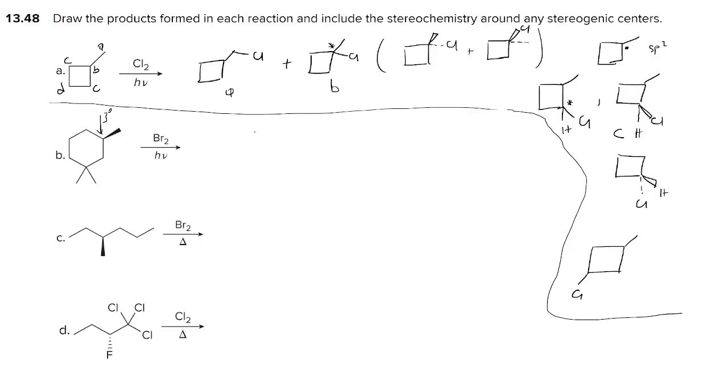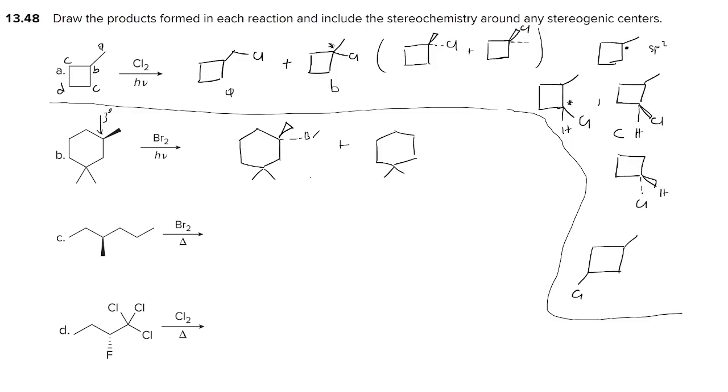Here we can see that this is a tertiary carbon, and bromination will occur at this position exclusively. So let's draw the product. Again, we will have two stereoisomers. Let's choose methyl as wedge and bromine as dash, and for the other stereoisomer, again, this is a radical reaction.